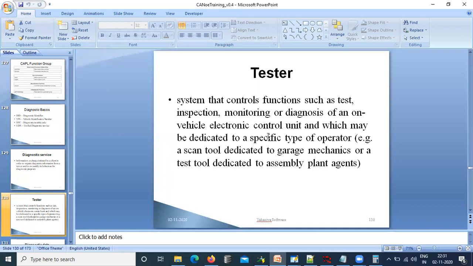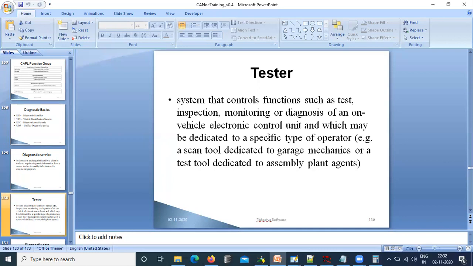Whenever you want to read something, you will produce, as Jyotish told, a functional or physical request. A functional request means you are asking all the ECUs in the network. A physical request means you are asking only the particular ECU which is connected. All requests raised from outside to the ECU are called physical requests.